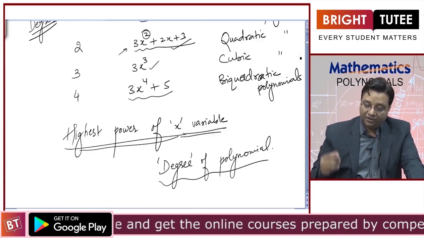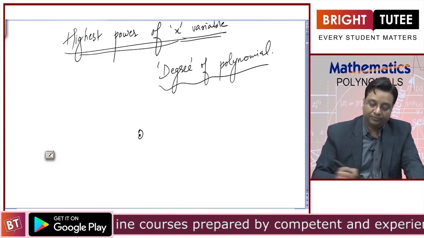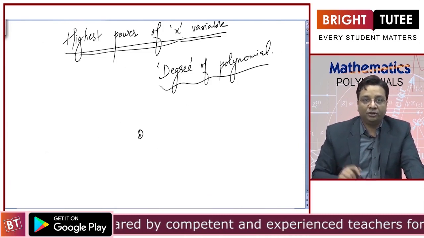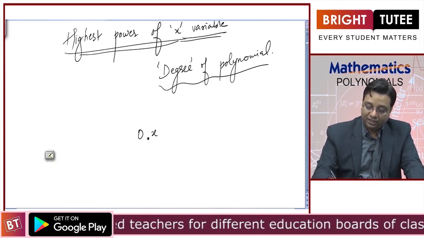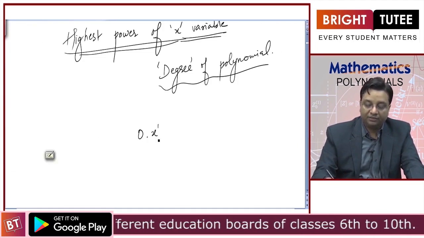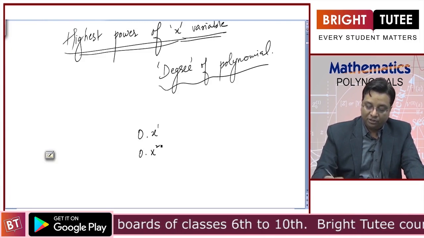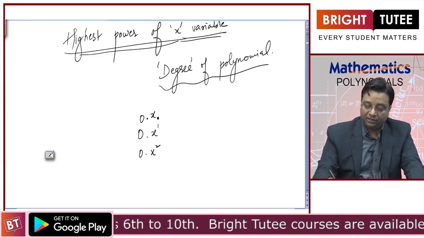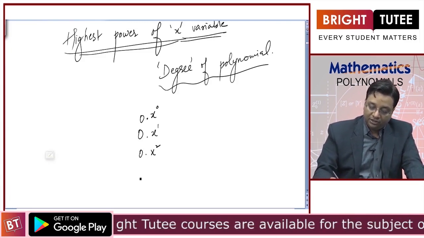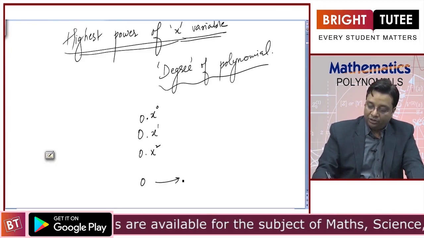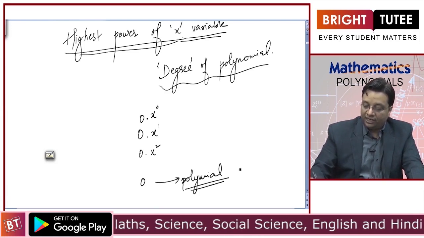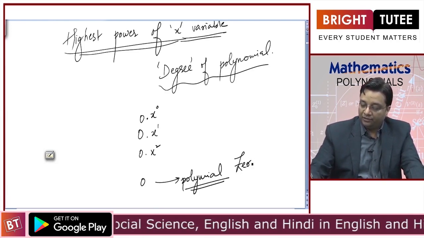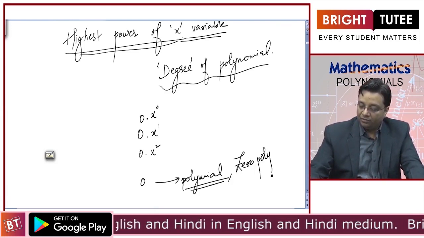Now, if I write only 0, is it a polynomial? Yes, it is a polynomial, because this can also be written as 0 into x raised to power 1, 0 into x raised to power 2, or 0 into x raised to power 0, right. So, 0 is also a polynomial, and this is known as the 0 polynomial.